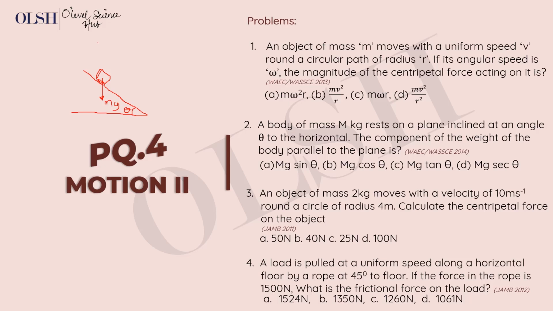Now they're asking for the component of the weight of the body parallel to the plane. When you say parallel to the plane, you mean the component of weight in this direction. This is parallel to the plane. First of all, we know that if we draw another line like this, that is perpendicular to the incline, it's going to be theta degrees away from mg.